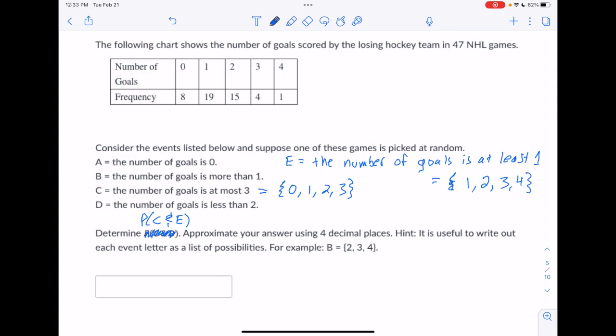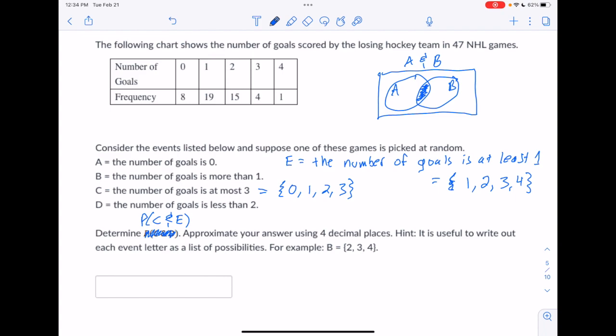One of the key things to think about is the Venn diagram idea of how you do an and question. If we have events A and B, and this is A, and we have a B over here, then A and B is the overlap of those two. So in a Venn diagram concept, when they tell you an and, you want to think about the overlap. Looking at that in terms of the list, let's go with some colors.